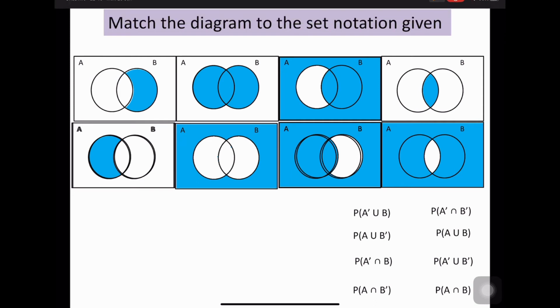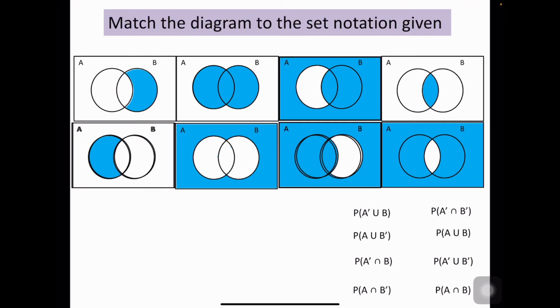So I would like you to pause this video right now and have a go at matching each diagram to the given set notation. So there are 8 diagrams. You could number them, you could draw them out. I recommend drawing them all out so that it's there in your book.